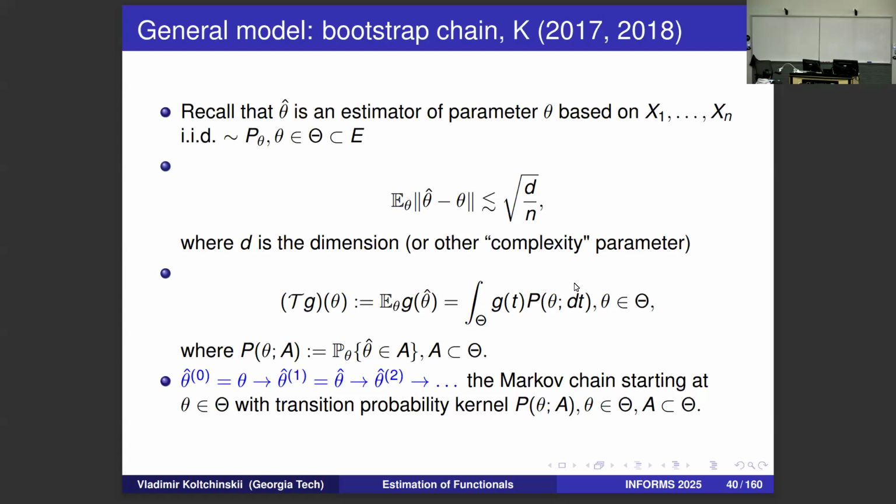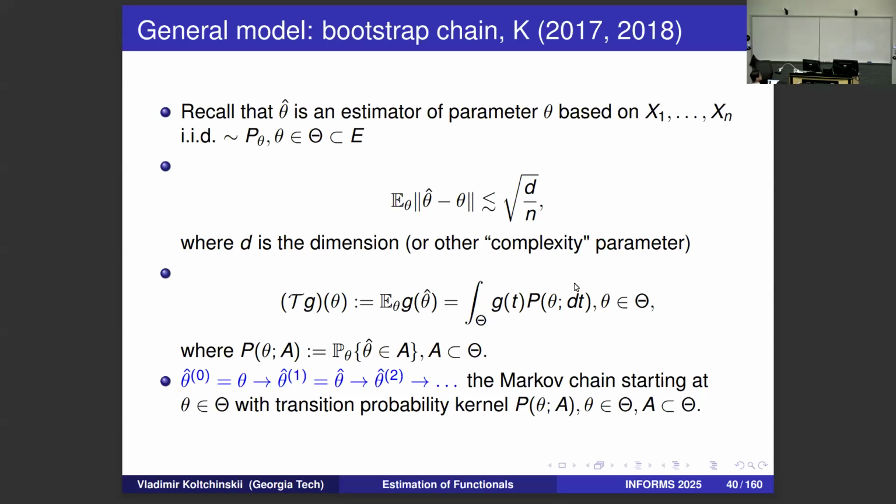Then, in order to create theta hat 2 and keep the same transition probability kernel, you have to use theta hat as the new value of the parameter, resample n observations from the distribution with parameter theta hat, and compute your estimator based on this resampled data.